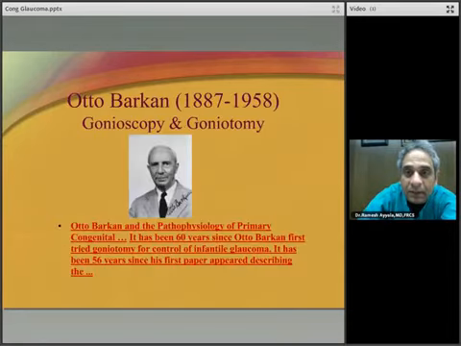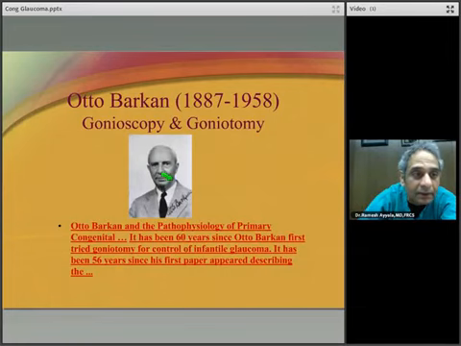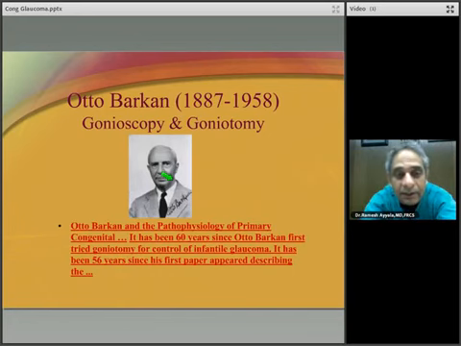Now, this talk would be incomplete if we don't recognize the person who really explained a lot of things in relation to many of these disorders that we're going to talk about today. Otto Barkan, who practiced at Stanford University in San Francisco, was instrumental in advocating and teaching us two techniques that are extremely relevant and important from the glaucoma point of view.